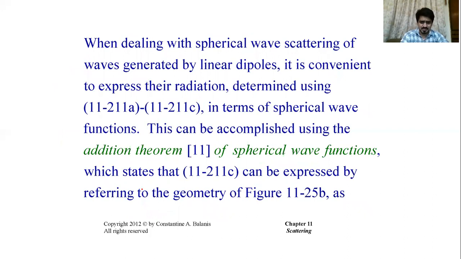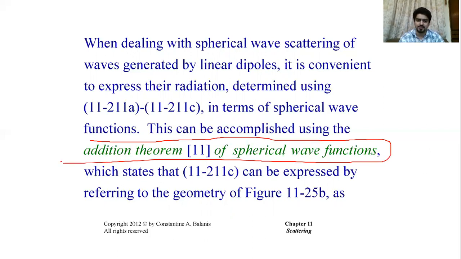Again, the same thing: if we have that radiating element not at the origin, and let's say it is displaced from the origin to some other location, then the radiated fields from that radiating element, a vertical dipole, can also be explained by using something called the addition theorem of spherical wave functions, that is, the addition theorem of the spherical Hankel function.